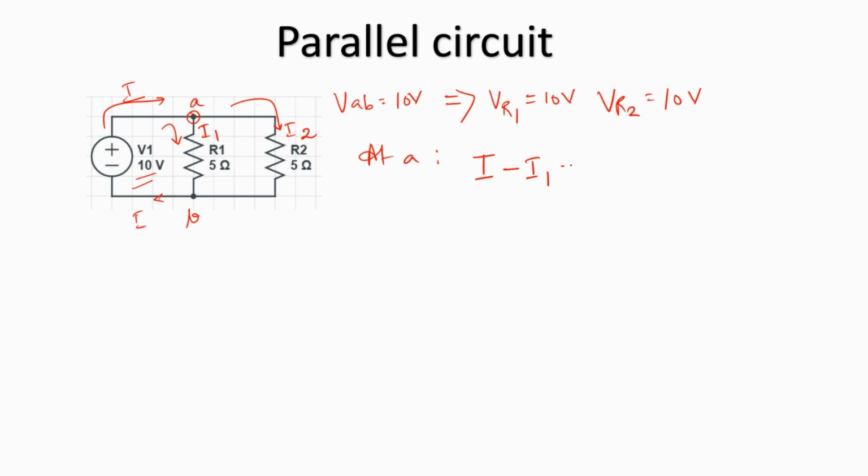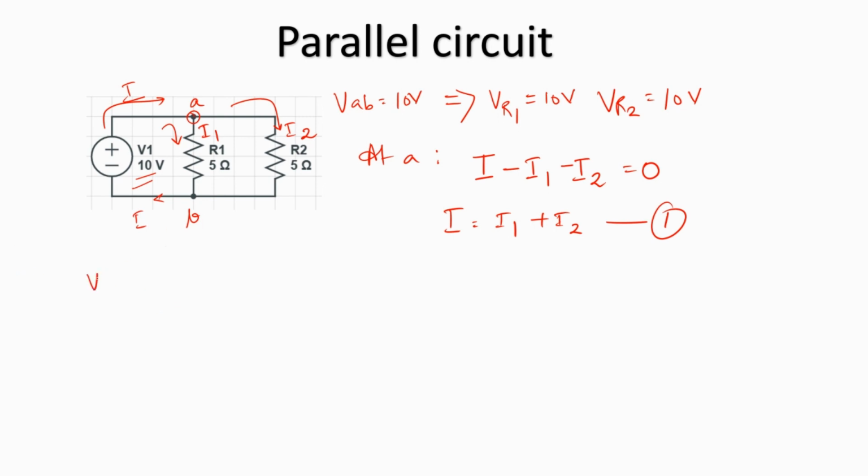I1 is leaving node A, I2 is also leaving node A. So both of them will have a negative sign, and that is going to be equal to 0. So this is my KCL equation at node A. So I can say that I is equal to I1 plus I2. This is my first equation.